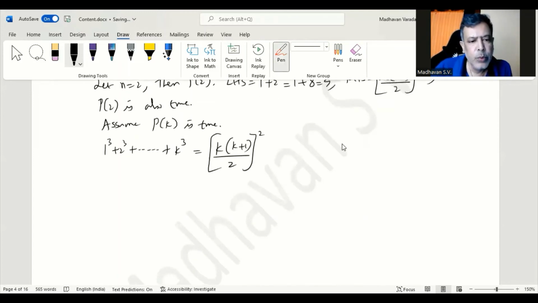Now, to prove n equal to K plus 1 is true.